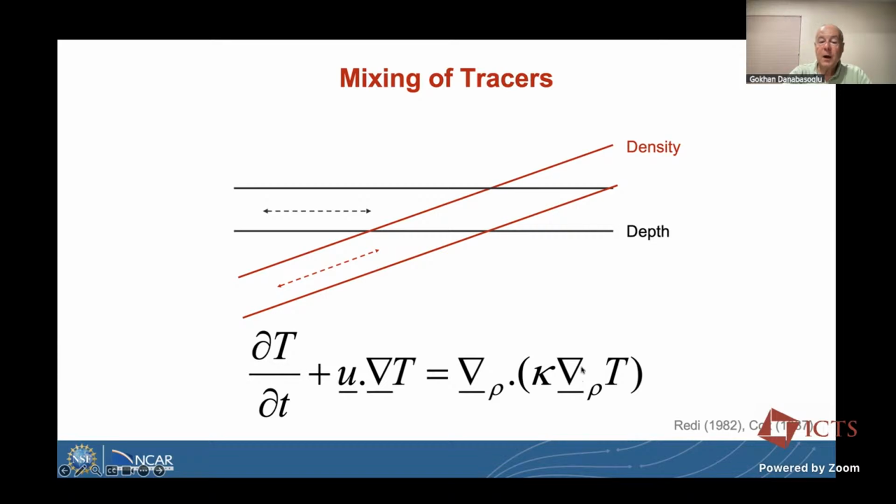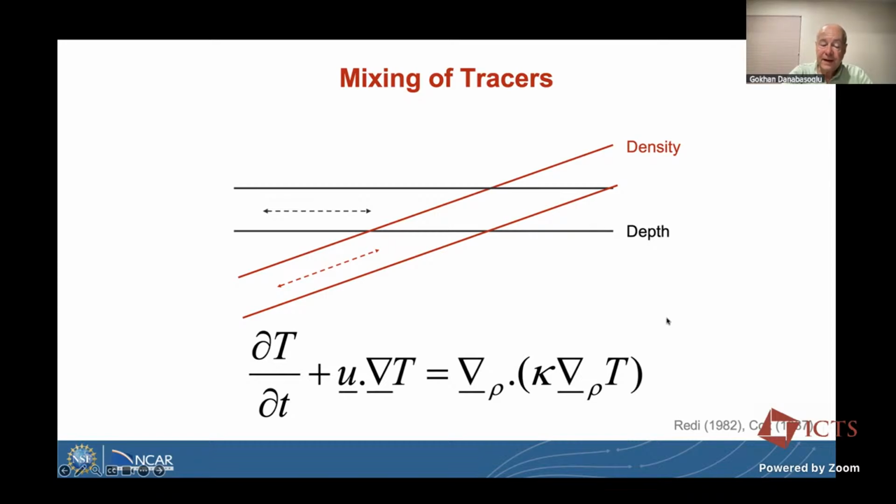This equation now recognizes that the mixing primarily occurs along density surfaces, along this red line here. Therefore, these diffusion operators, the del operators, are actually rotated tensor operators, and they are now along density surfaces. And this kappa, a diffusion coefficient, was introduced as an along-isopycnal diffusivity coefficient.